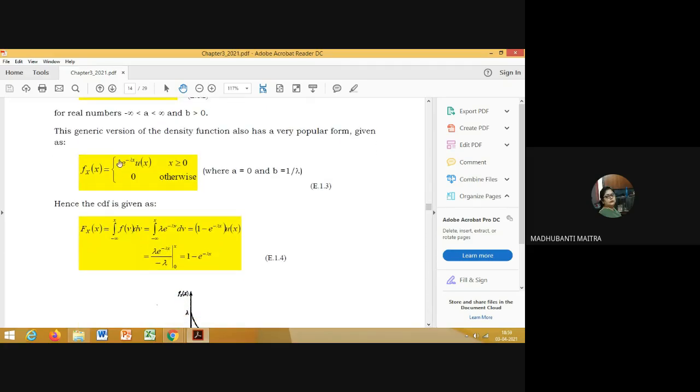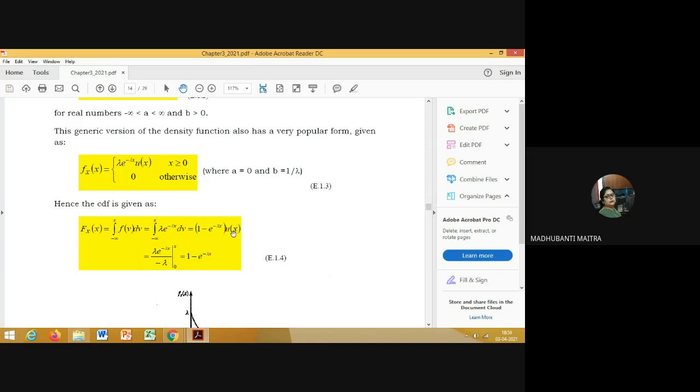So this is the density function, and if this is the density function, then the distribution function can be obtained by taking integration. So integration from minus infinity to x of f(v) dv, that is equal to the integration of lambda e to the power minus lambda v dv, and that will be equal to 1 minus e to the power minus lambda x.